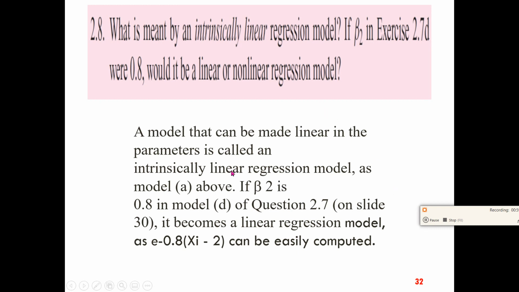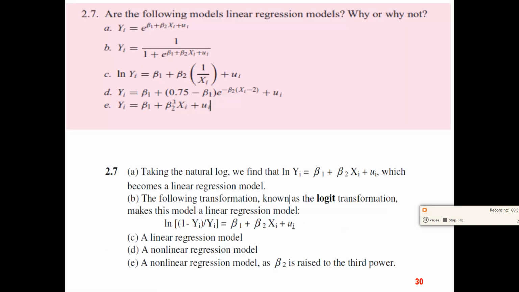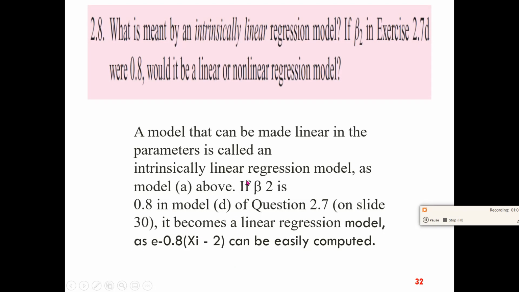An intrinsically linear regression model is one that can be made linear. If you were discussing this part B, in actual form it seems non-linear, but it is intrinsically linear, because with the help of this simple derivation you can easily linearize it. So an intrinsically linear regression model means that you can make it linear with the help of some minor adjustments.